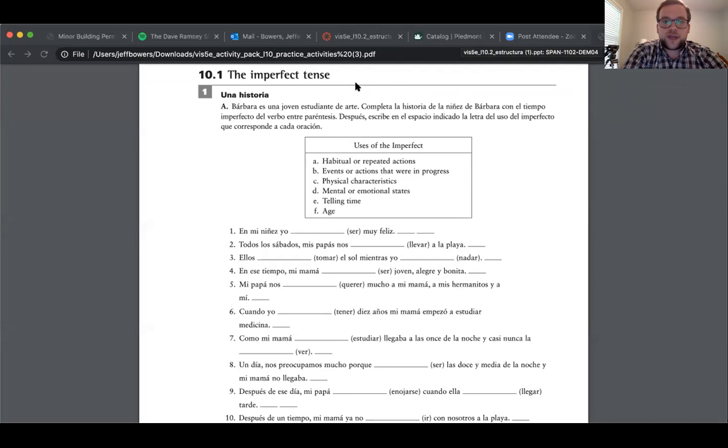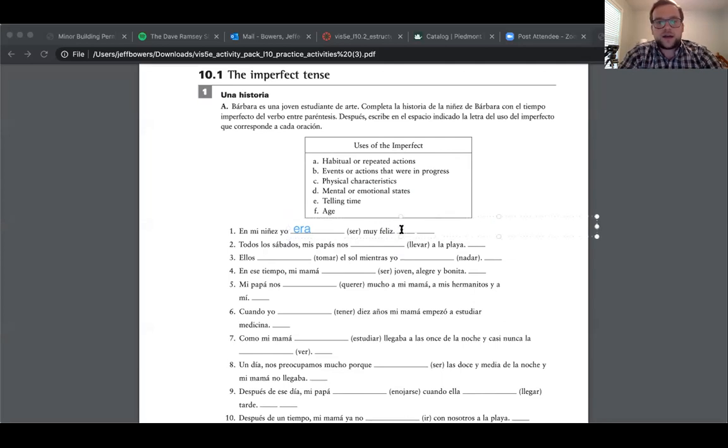But let's do the annotate thing here. All right, so en mi niñez, all right, now this is all imperfect, right? So we don't have to worry about whether it's imperfect or preterite. Okay, but we just have to determine what use of the imperfect it is. So here, I'm going to say mi niñez, all right? Remember, that's one of our irregulars. Yo era muy feliz, all right? And I think that, let's see, what uses are these?